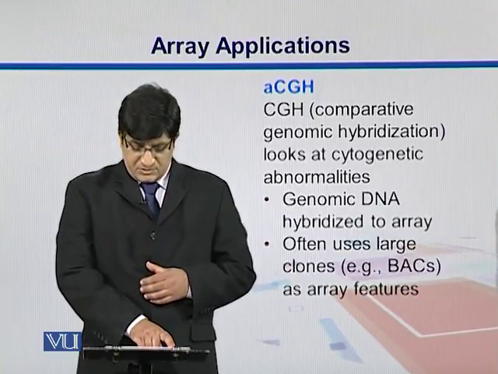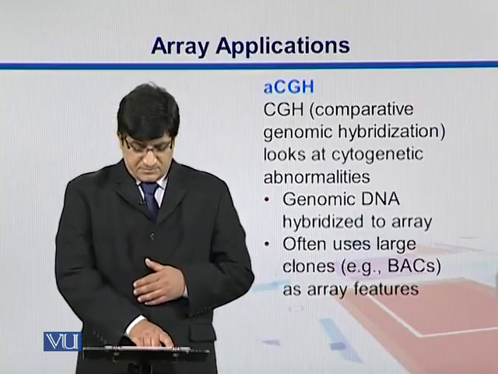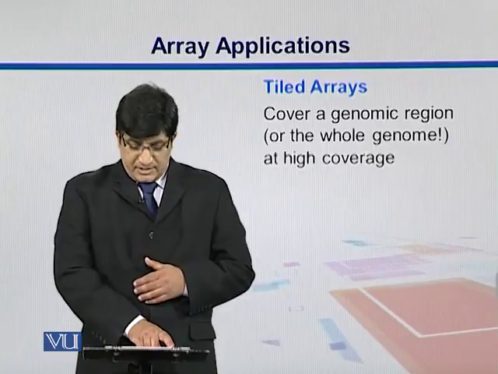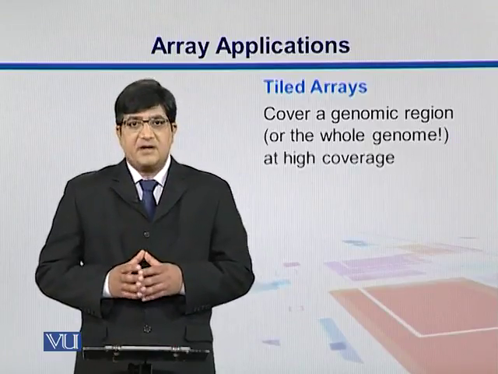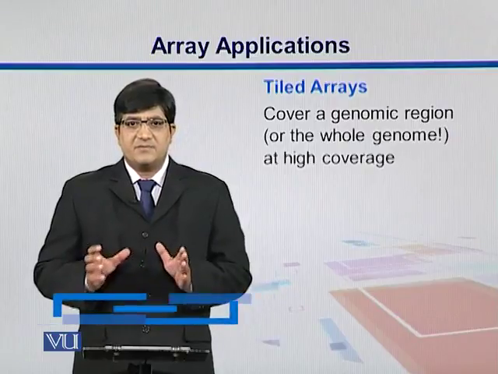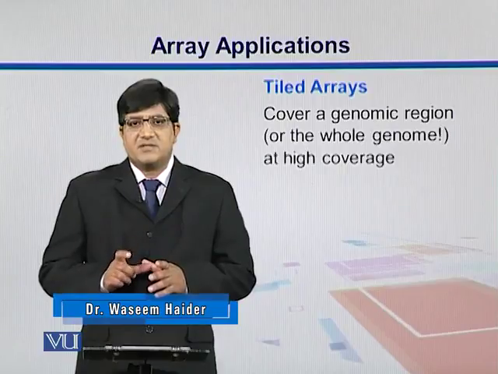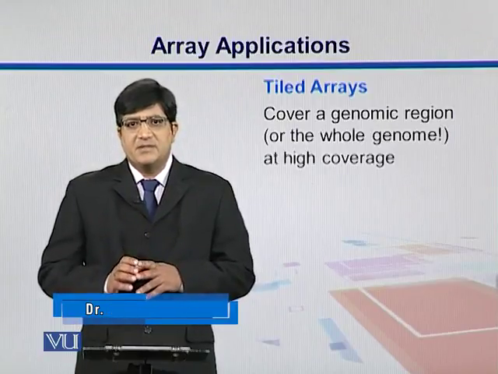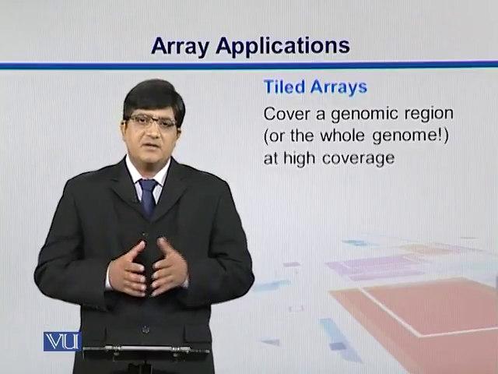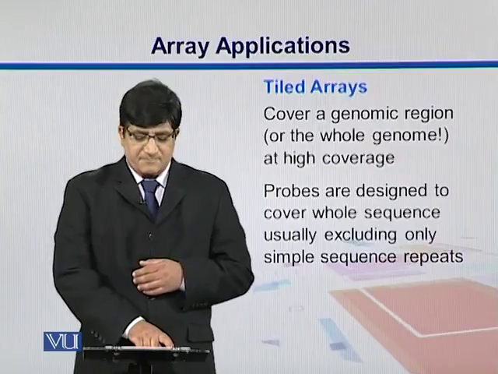And sometimes we use large clones, for example BACs, etc., as array features. In tiled arrays, we cover the genomic regions or whole genomes at a high coverage. So we have a large number of tiles or small segments covering the whole genome, so we can capture them and in this way we can have an idea about the overall sequence of that whole genomic region.